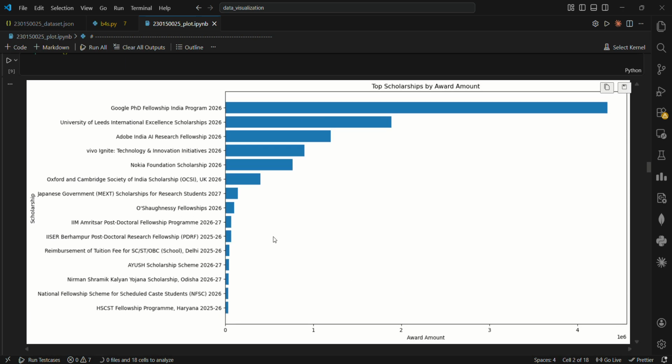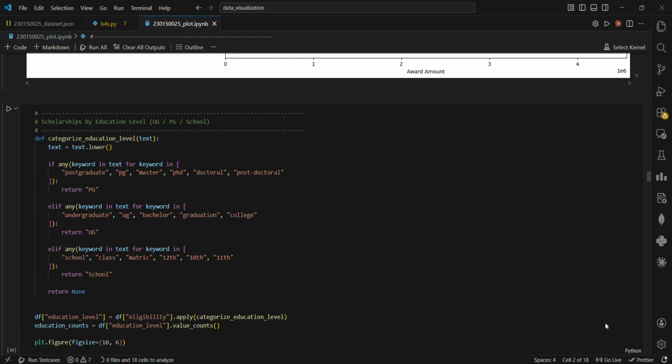In this visualization, we sort the scholarships on the basis of award amount. The scholarship with the highest award amount is the Google PhD Fellow India Scholarship, which has approximately 4 million, 40 lakhs worth of scholarship.